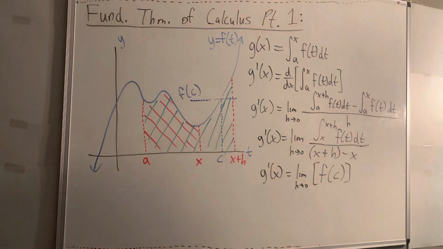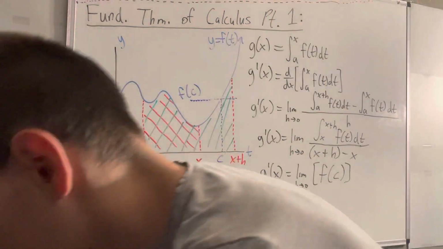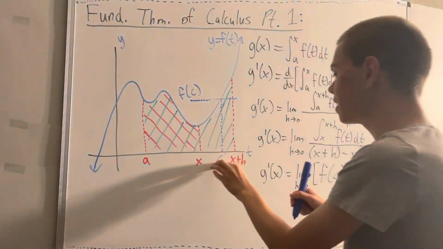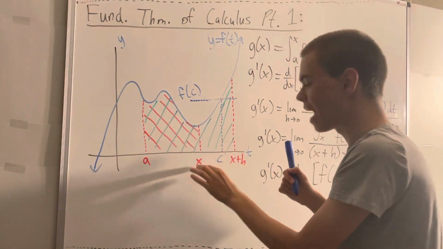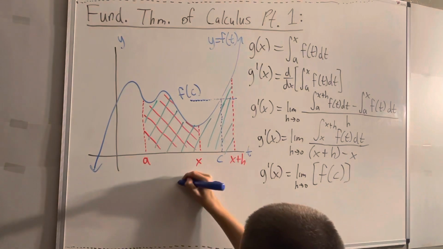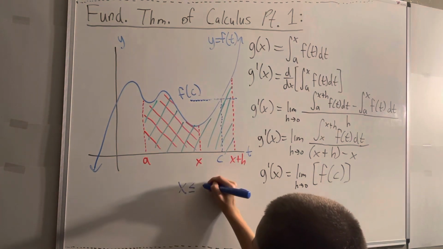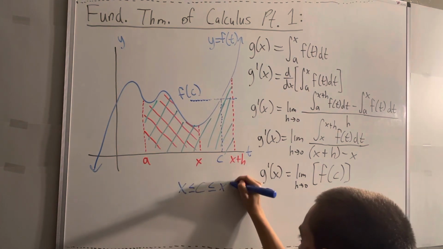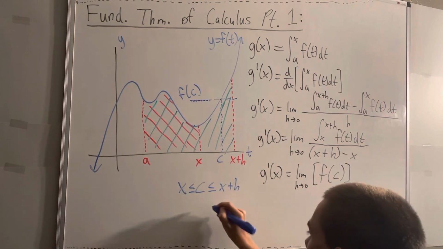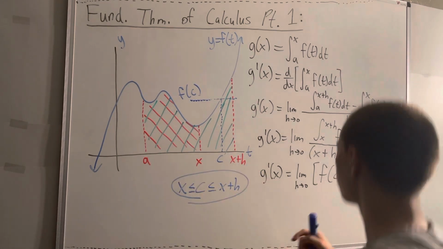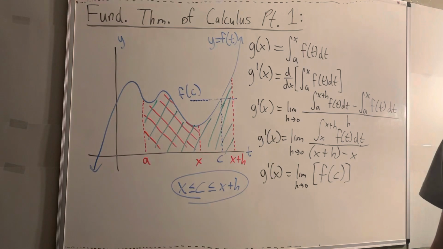In order to figure that out, the idea we have to know is that c is always between x and x plus h. This idea is really important in understanding how we figure this limit out.